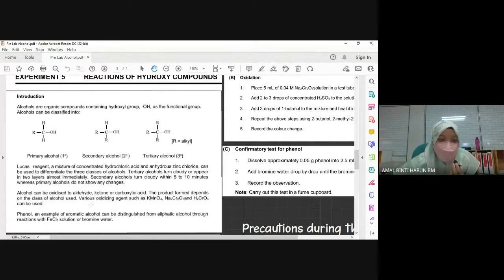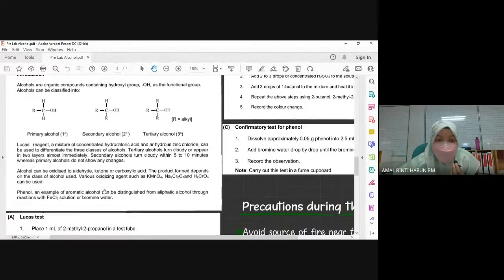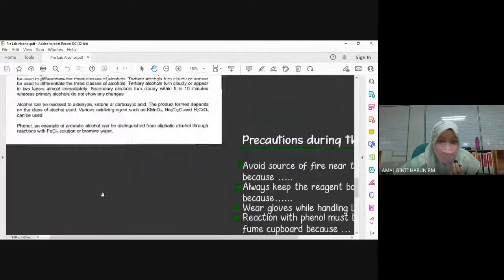Okay, and then we have another task which is oxidation, and also how we distinguish aromatic alcohol. Okay, ni introduction part ni saya dah explain tadi. Okay, apa yang nak kena buat dalam lab nanti?